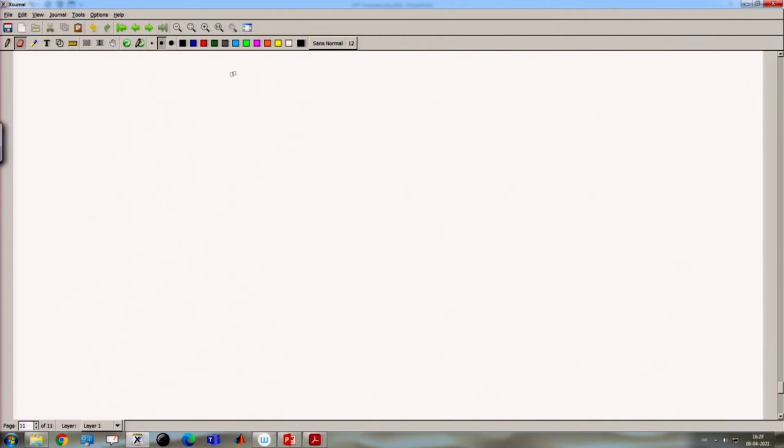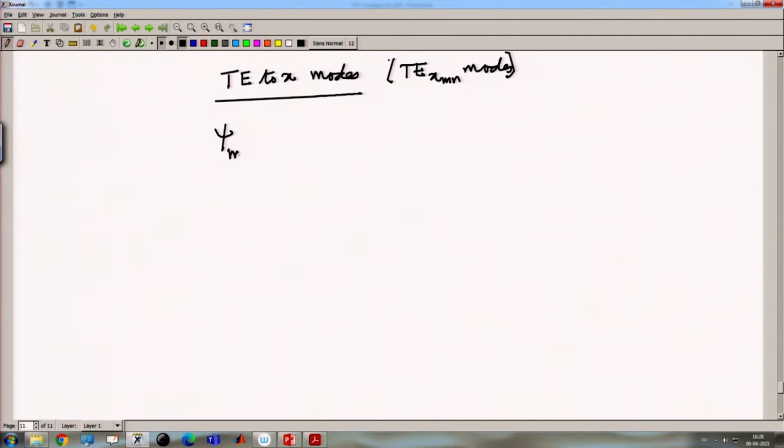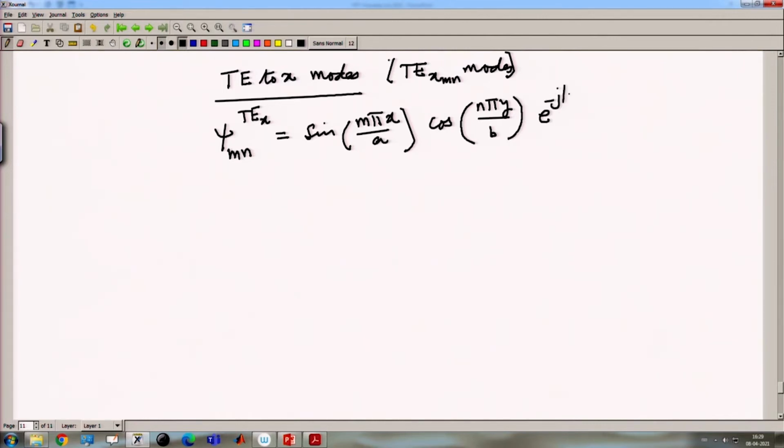Now for the TEx modes, or we can also say TEx mn modes, the corresponding psi function for the TEx mn mode is given by sin m pi x by a cos n pi y by b e to the power minus j kz z.